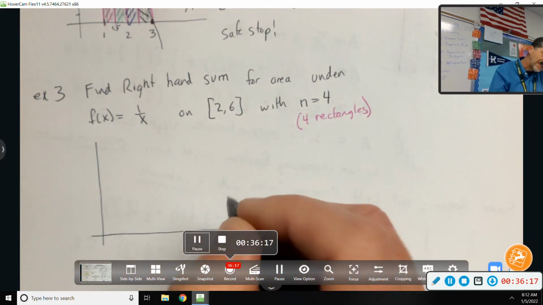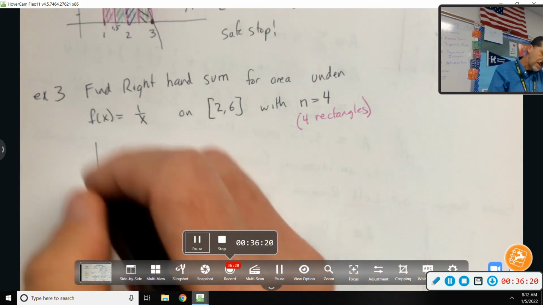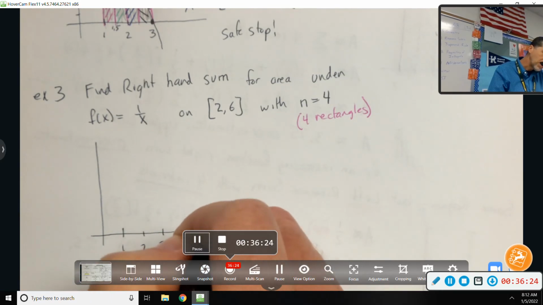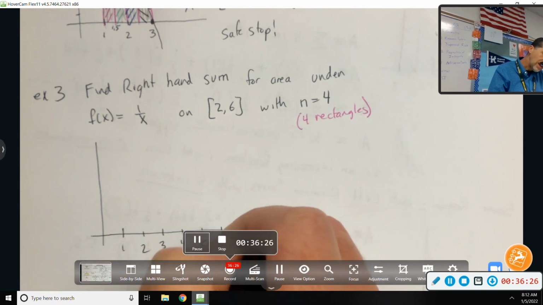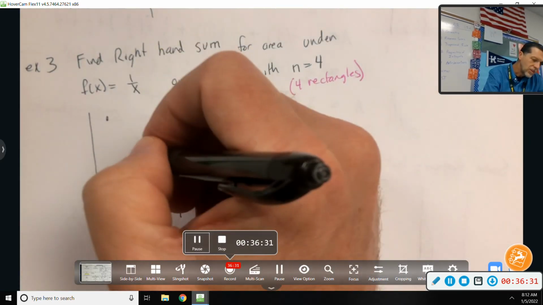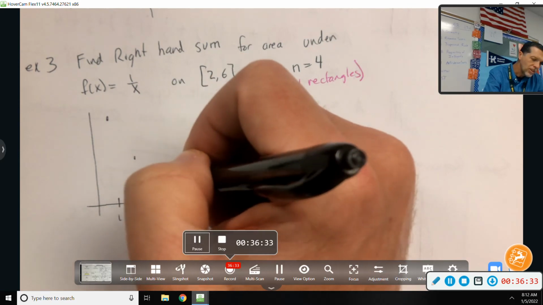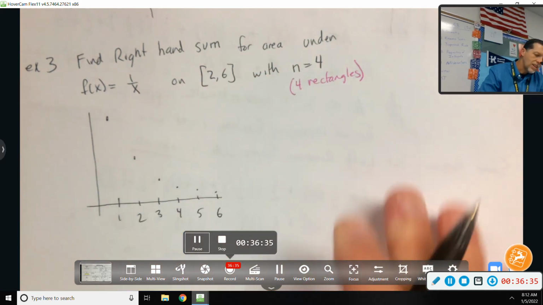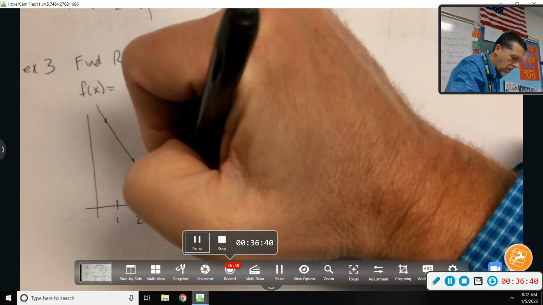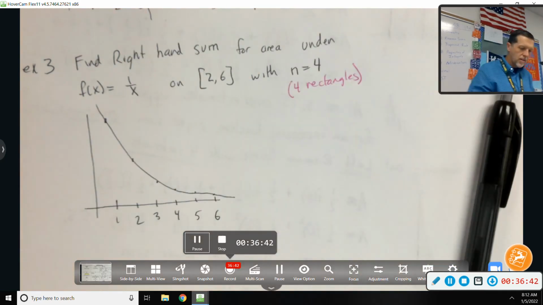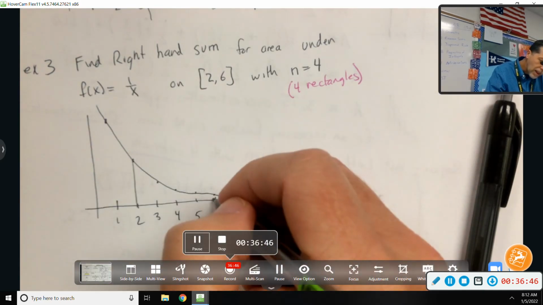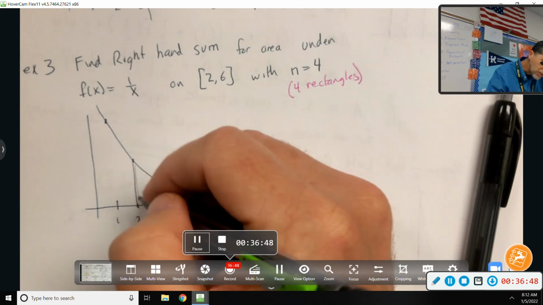Let's see. I'm going to very roughly sketch this one in because I know what the picture looks like. 1 over 1 is 1. 1 over 2 is a half. 1 over 3 is a third. A fourth, a fifth, a sixth. And I want to estimate from 2 to 6.